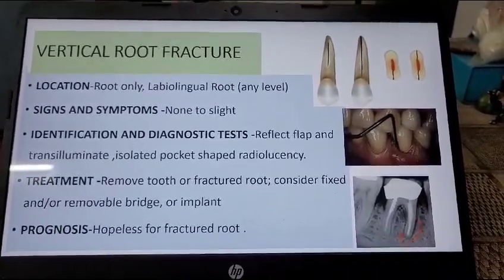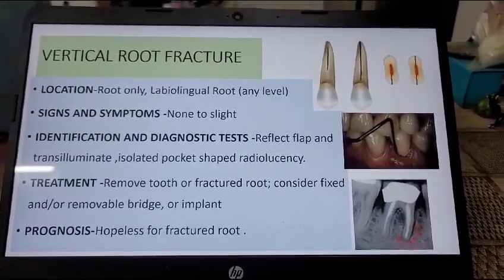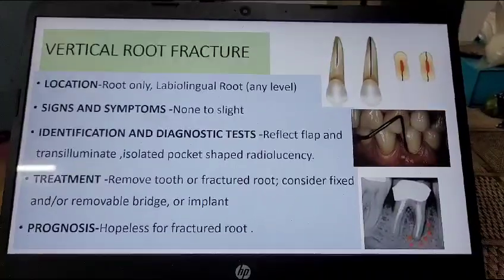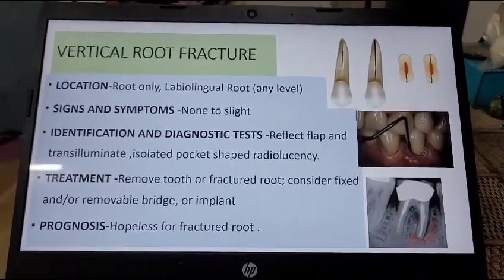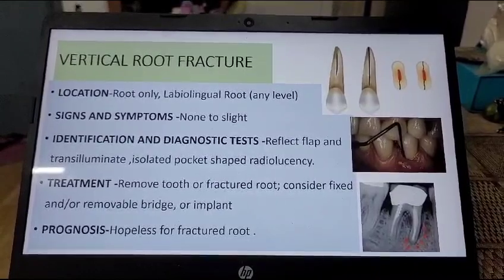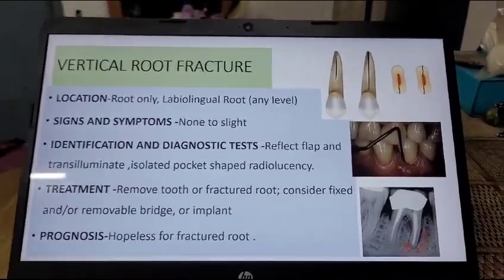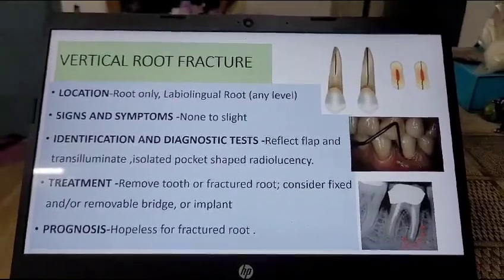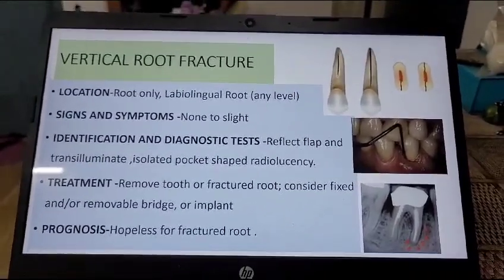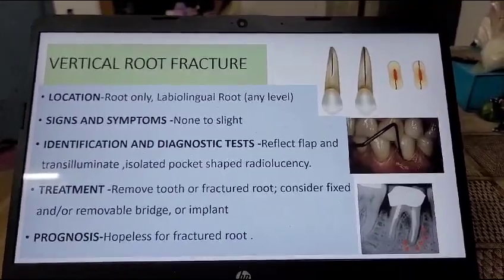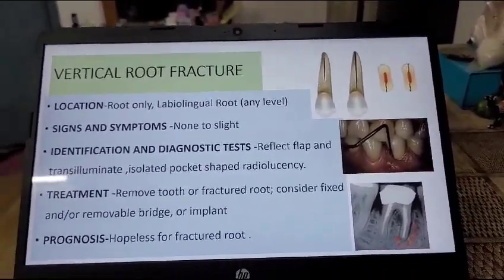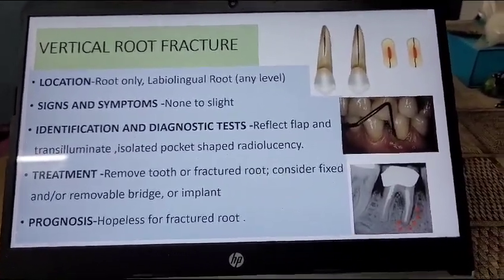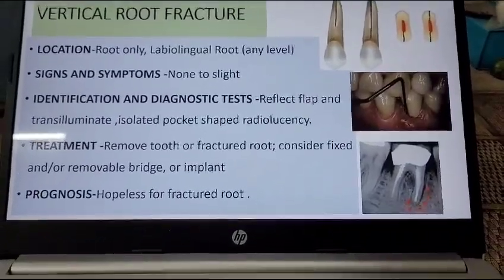For identification and diagnostic tests, we reflect the flap and use transillumination, and we can see an isolated pocket or J-shaped radiolucency. Treatment is removing the tooth or the fractured root, followed by a fixed prosthesis, removable bridge, or implant, and the prognosis is hopeless in this kind of case.